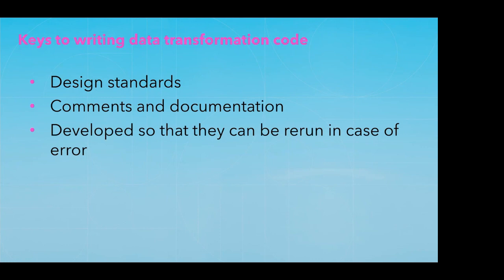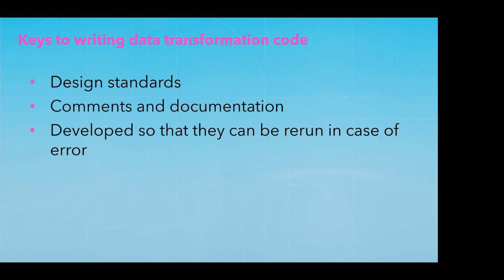And one of the things that Copilot is really good at is creating comments and documentation. Now you do need to review them to make sure that they are correct, but they are really good at writing that. They are also really good at writing error handling. So you can have it write your error handling for you.